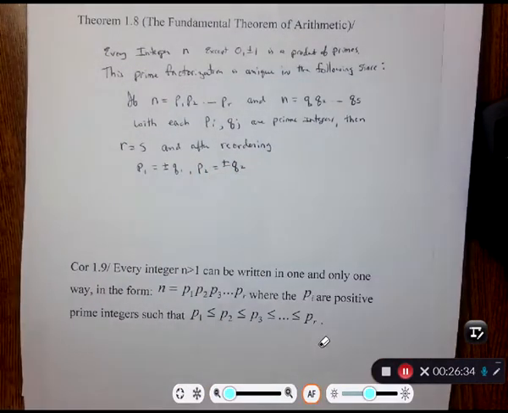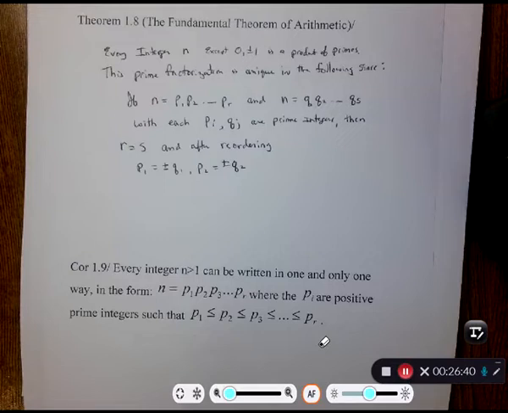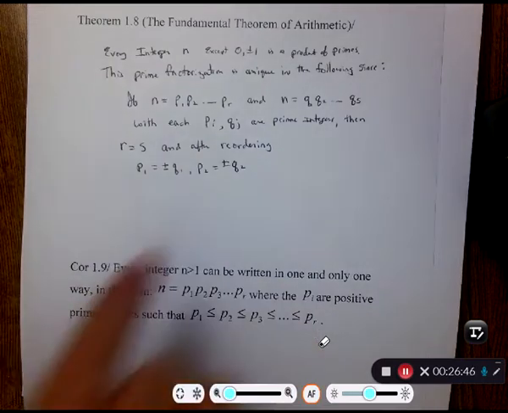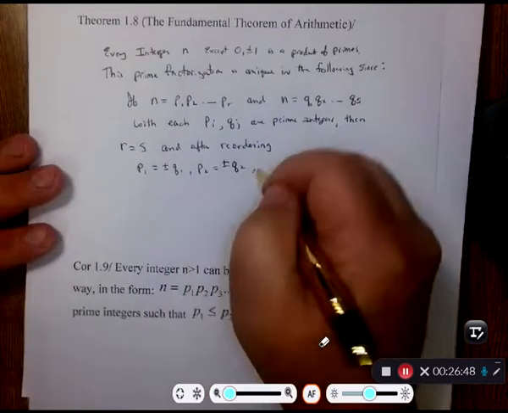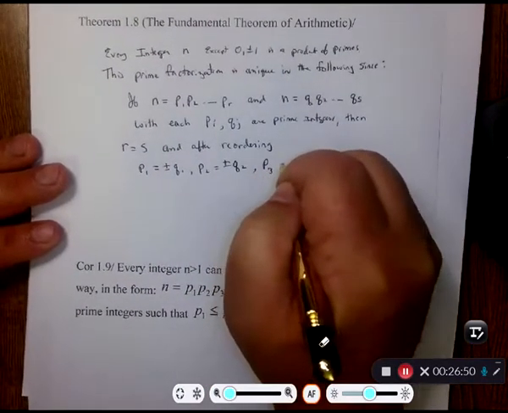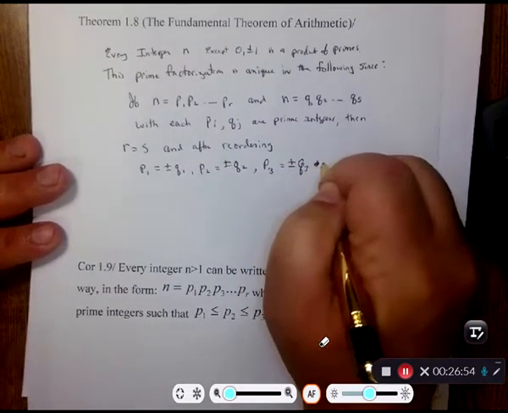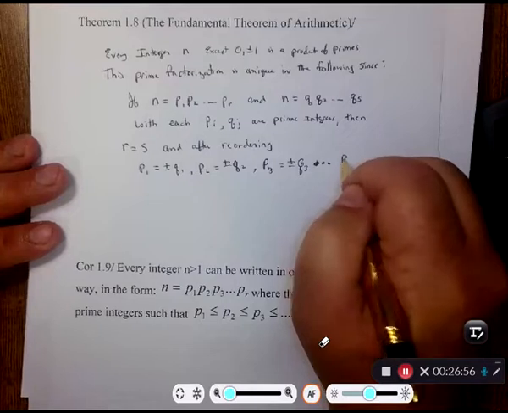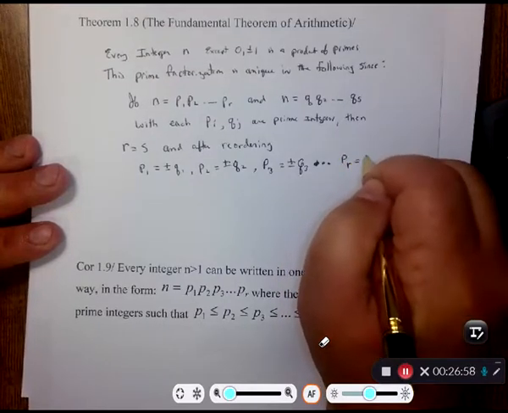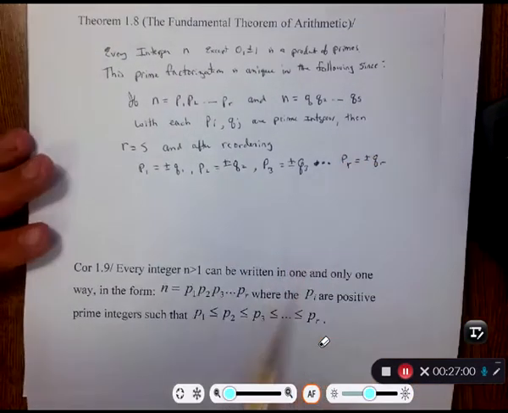Again, if you reorder, so if you think about it, typically in high school and junior high school, when we were talking about being a product of primes, we usually either did this product from low to high or from high to low, and that makes the order unique. So P3 would be equal to plus or minus Q3, and then dot, dot, dot, PR would be equal to plus or minus QR.